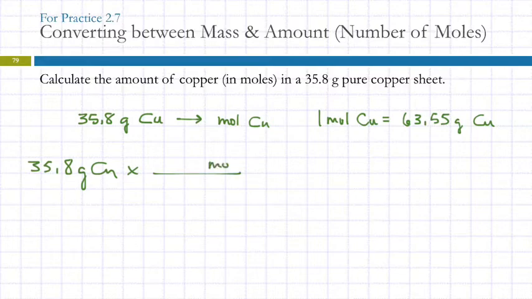We're going to have moles on top and grams on the bottom because we want the grams to cancel out. 1 mole is this many grams. 1 mole for 63.55 grams. So 35.8 divided by 63.55.